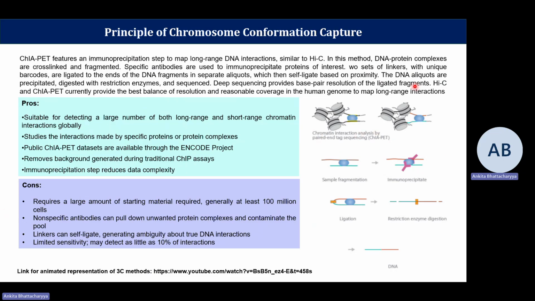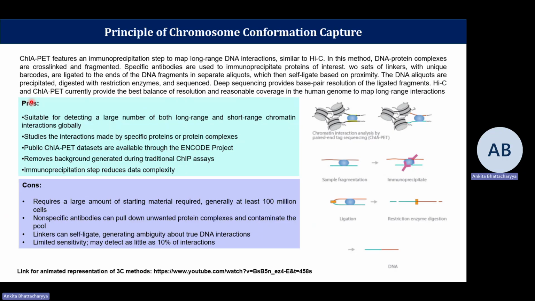Two sets of linkers with unique barcodes are ligated to the ends of DNA fragments, which are in separate aliquots, which can then self-ligate based on proximity. These DNA aliquots are precipitated, restriction digested, and sequenced. Deep sequencing provides base pair resolution of these ligated fragments.